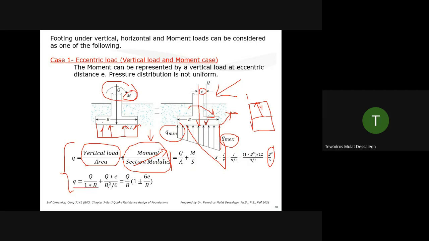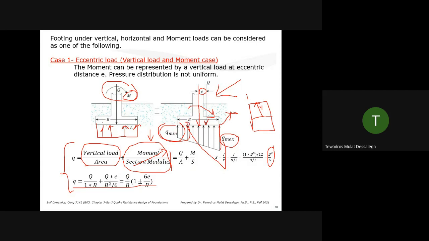So you can simplify this equation. It can be plus or minus: the plus gives the maximum, the minus gives the smaller one, the Q minimum.